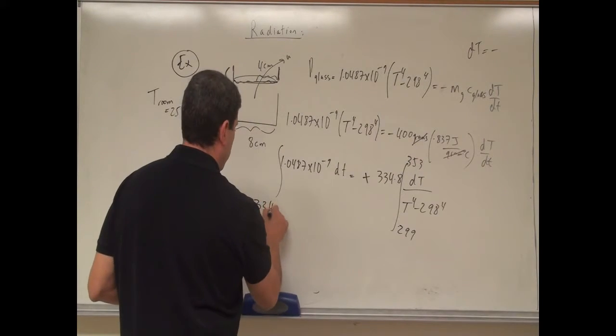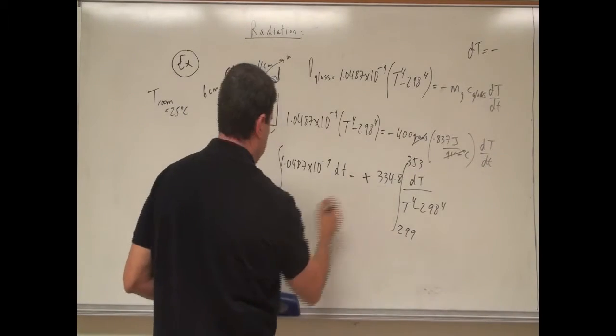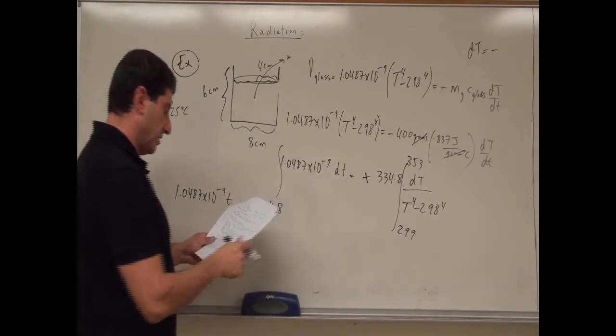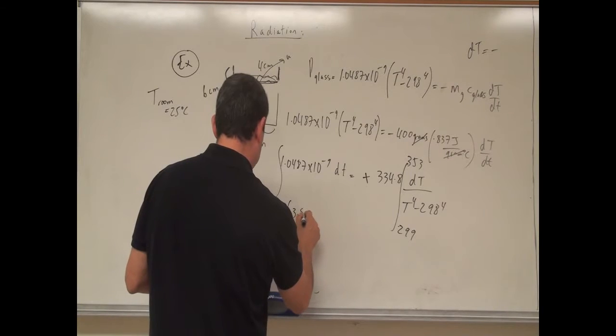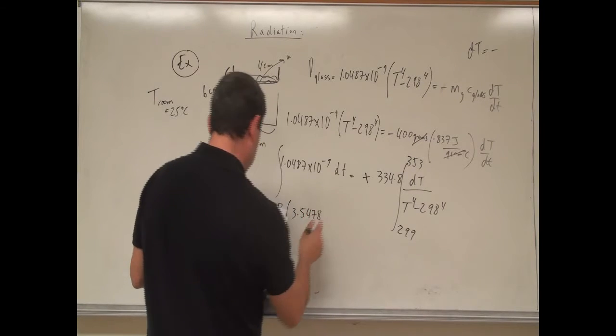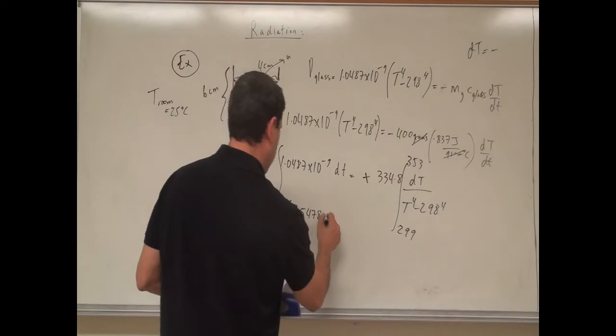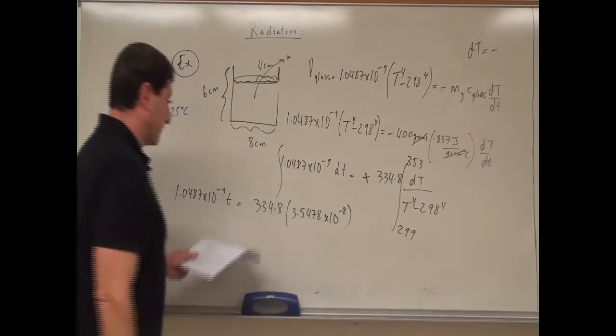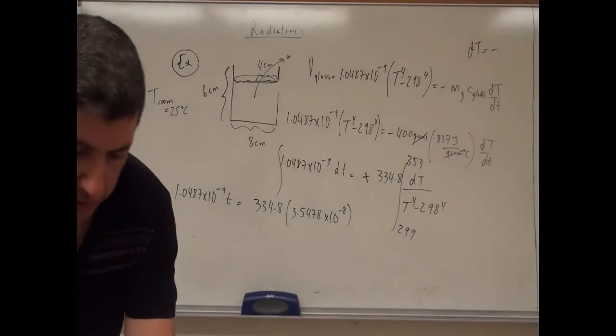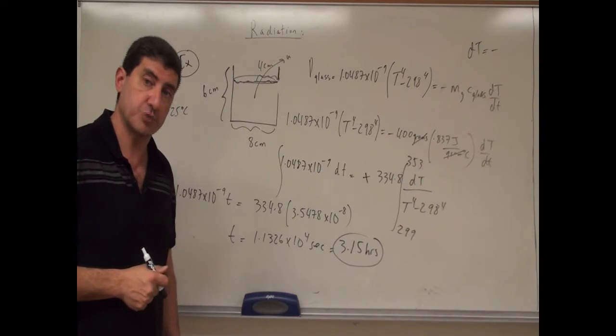This 334.8 is outside here, and when you integrate that, you get 3.5478 times 10 to the negative 8. And then from there, we can just calculate the time quickly, right?